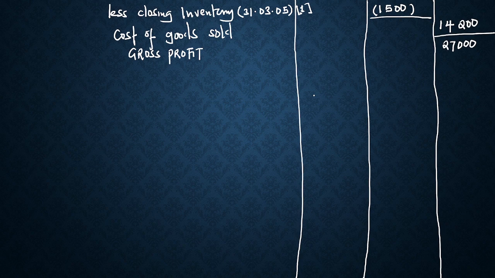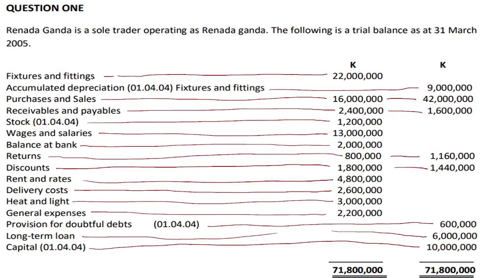Okay, so we'll have to check for some gains there, if they are there. Some incomes. Do we have some incomes there?